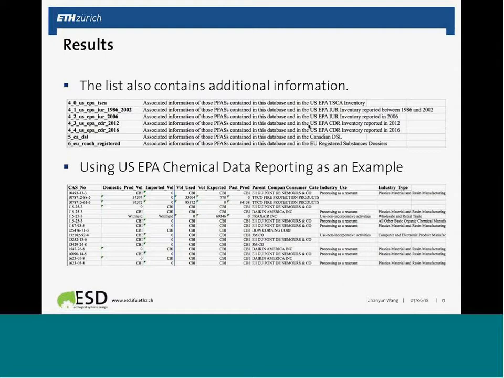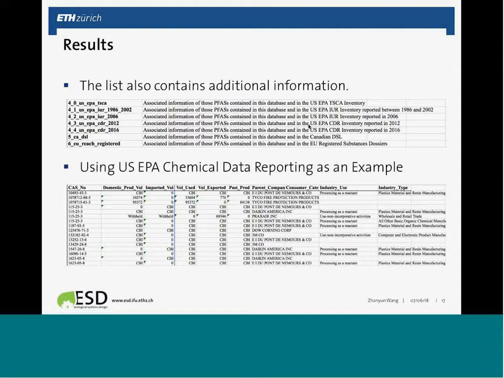We can see that for some of the PFASs listed on this US EPA chemical data reporting inventory, they have the CAS number. They also tell you production or use volumes, although quite often they are claimed as confidential business information.